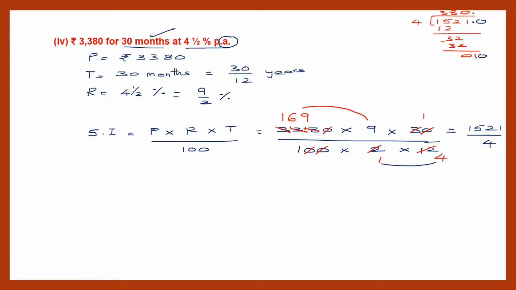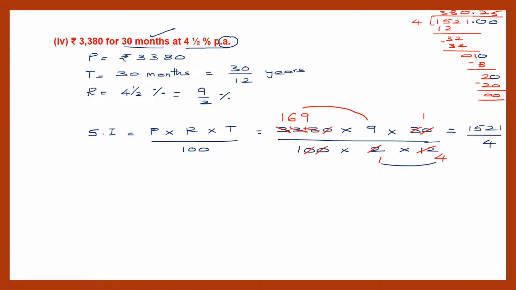Bring that 0 down. Now the number is 10. Now 4 twos are 8. So let's extend this line and continue our division. 4 twos are 8, 10 minus 8 is 2. So again the remainder is not 0. That means I can continue my division by putting one more 0 there and bringing that 0 down. So my number is 20 now. Now write the tables of 4. 4 fives are 20. So we have a remainder 0 this time. So what is our quotient?